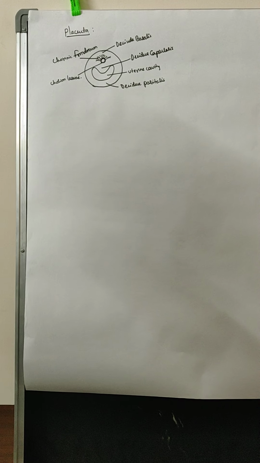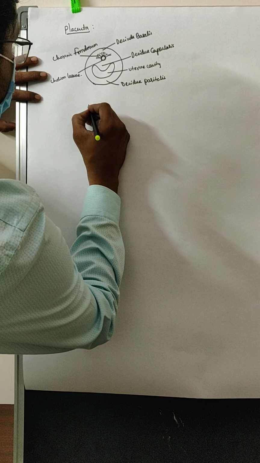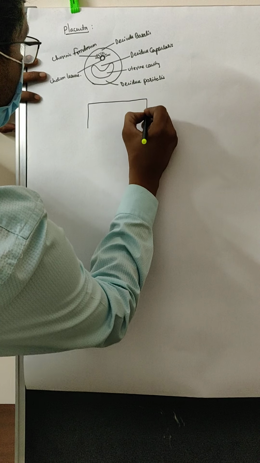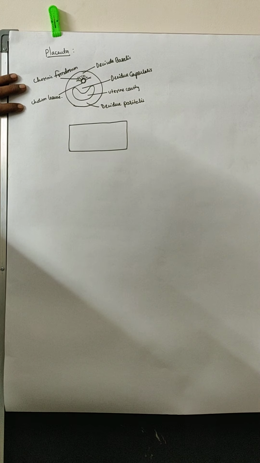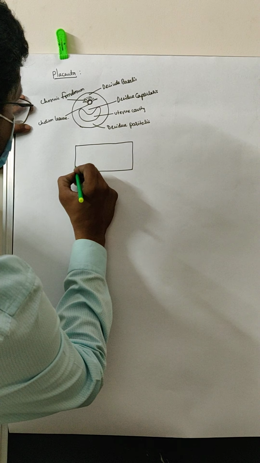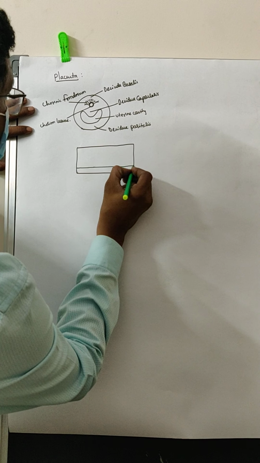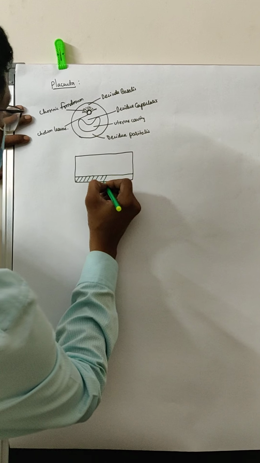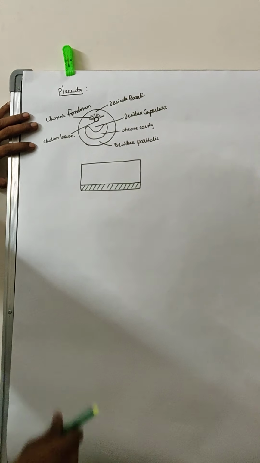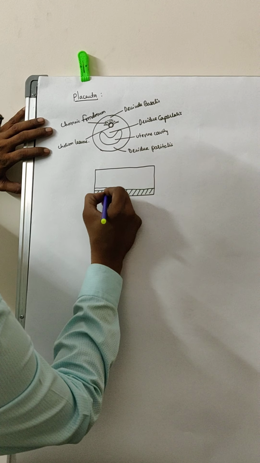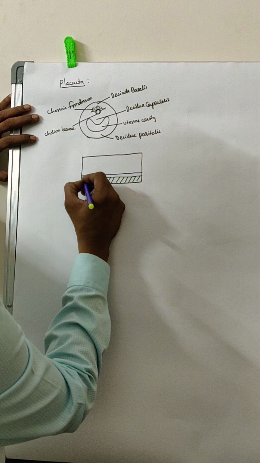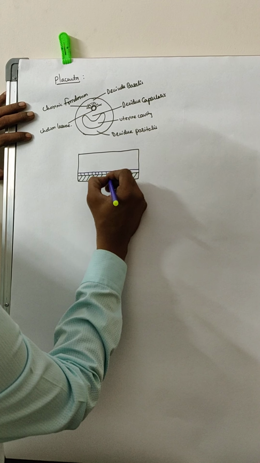To see the development of placenta, I will draw a few diagrams. This is the section of the uterine wall. Within this, you will see the blastula. After that, the gastrula is formed. The lowermost layer which you see here is the extraembryonic mesenchyme, and above that you will see a layer of cuboidal cells, which is the cytotrophoblast.